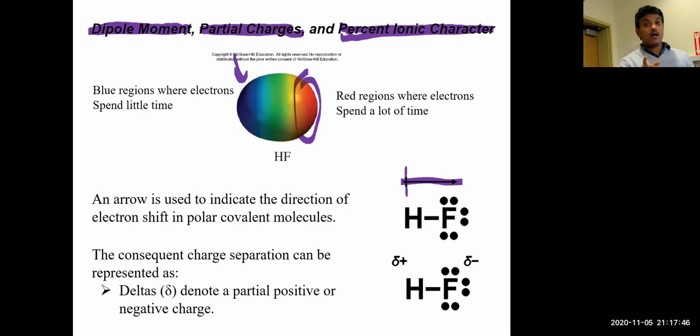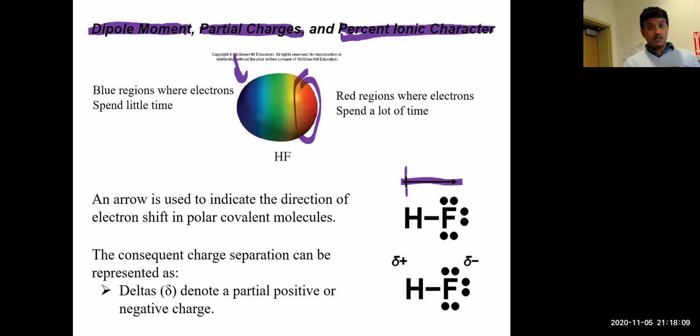You only use that arrow on polar covalent bonds, and you use it to show where the dipole moment is going towards. Dipole moment is basically where the electrons are staying in a bond. So showing it towards fluorine indicates that the dipole moment is towards fluorine.